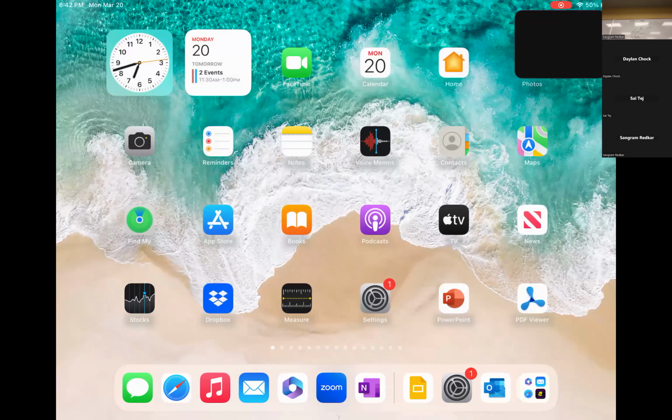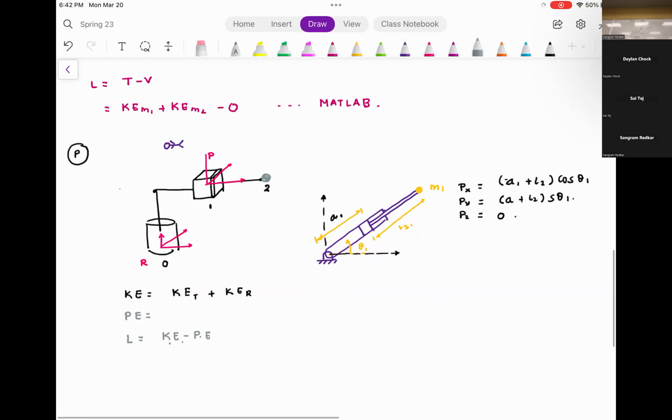So what needs to happen is you will have A1, then you will have A2, and you will have to find 0H1, 1H2, and then find 0H2.